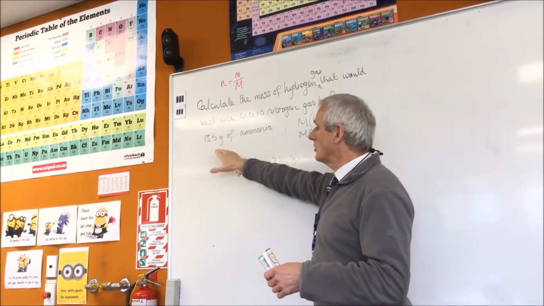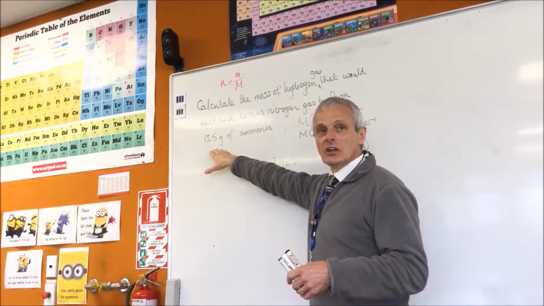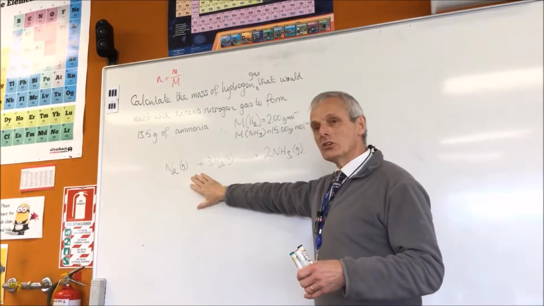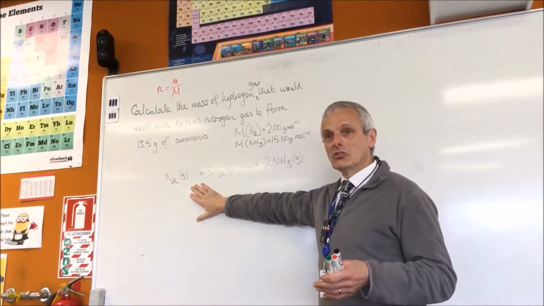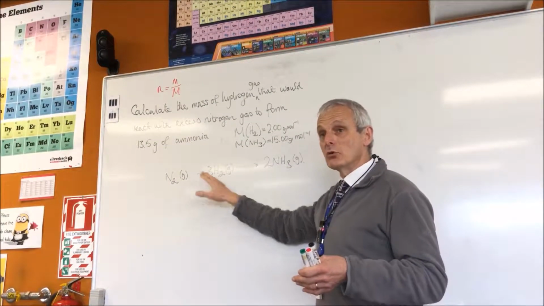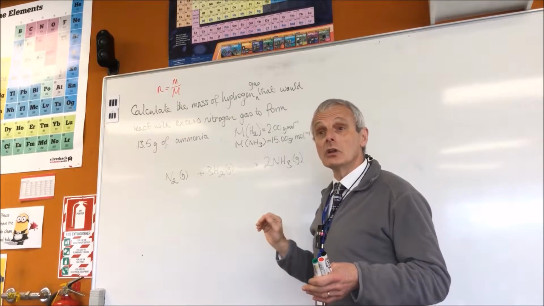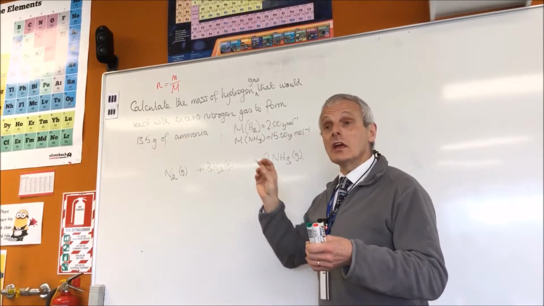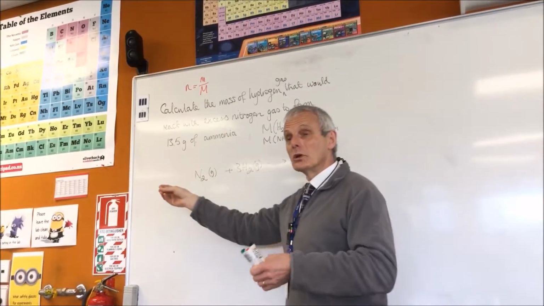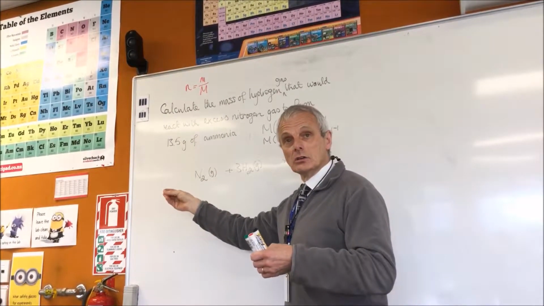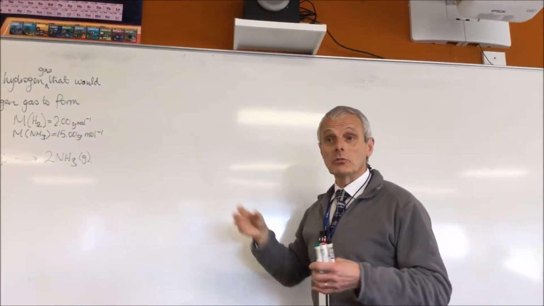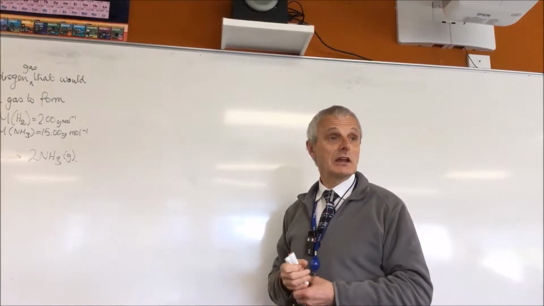We can do that because we can convert a mass into a number of moles, and then we can use the equation for that reaction to see what the ratio of moles in the equation between the known and the unknown is. Using that ratio or relationship, we can then convert the number of moles of known to the number of moles of the unknown, and once we know the number of moles of the unknown we can then calculate its mass.